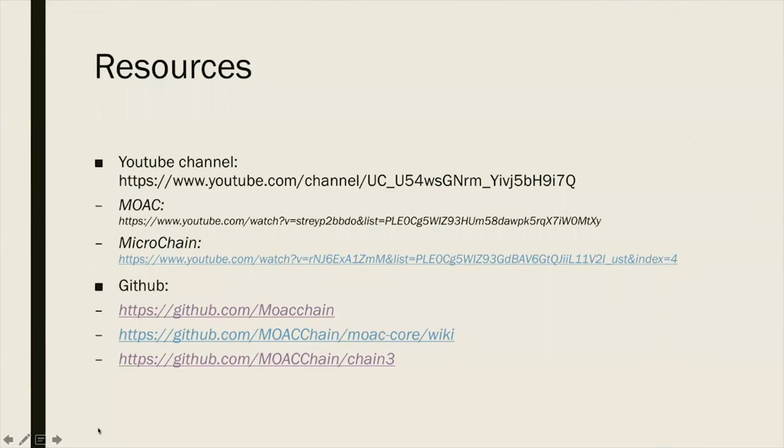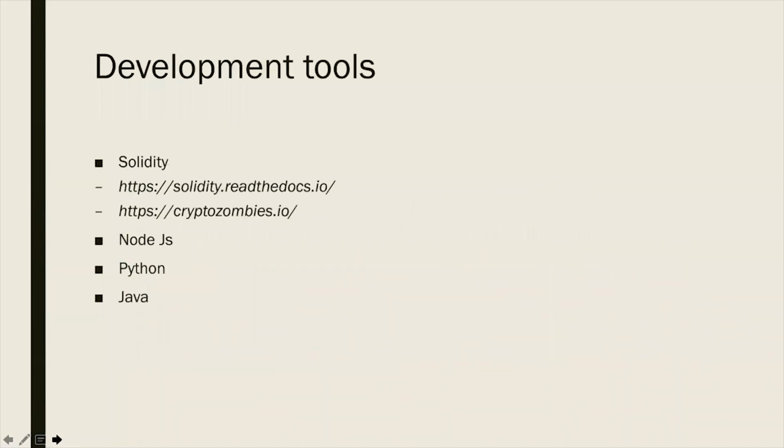Here are the useful resources for developers. If you want to develop DApps on MOAC, the first tool we suggest you learn is Solidity. Solidity is a smart contract language developed by the Ethereum community. If you're not familiar with it, you can go to their website and check.